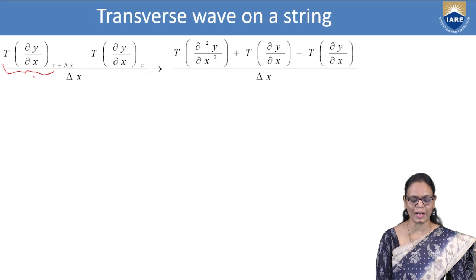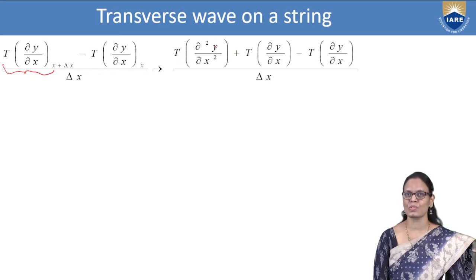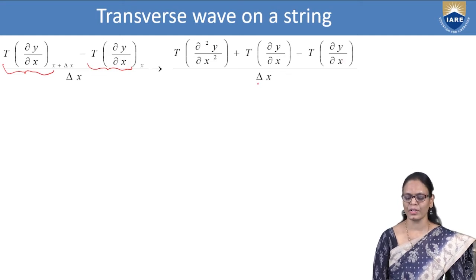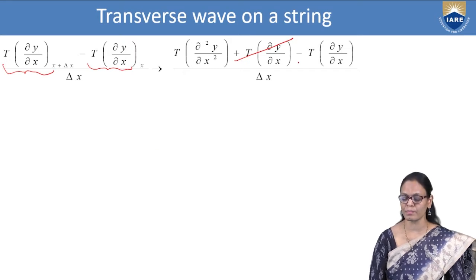On expanding, we get T ∂²y/∂x² plus T ∂y/∂x, minus the second term, T ∂y/∂x, upon Δx. Here you have plus ∂y/∂x into T and minus ∂y/∂x into T. These two get cancelled. So what we are left with is T ∂²y/∂x² upon Δx.